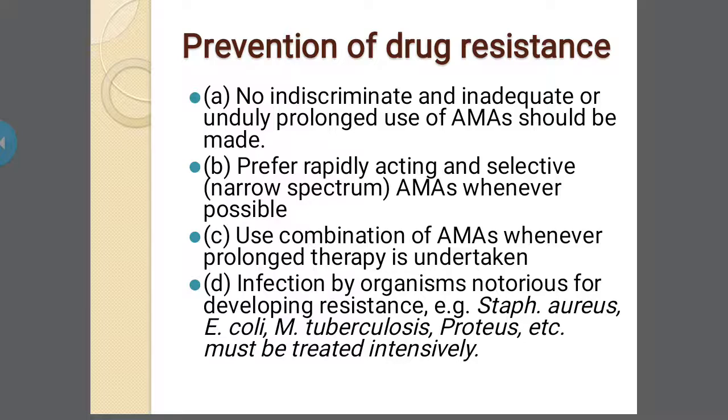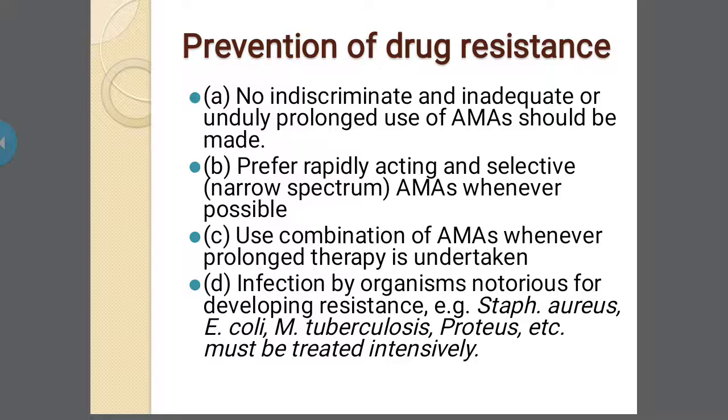Inadequate dosage and duration of treatment is also problematic, that will cause development of resistance. And we should prefer rapidly acting and selective antimicrobial whenever possible. So initially we can rely on empirical therapy when culture report is not obtained, but when we have known the organism, and unless it is a chronic therapy like tuberculosis, we have to rely on the narrow spectrum drug, and often monotherapy or maximum double, two drug combination is often sufficient.